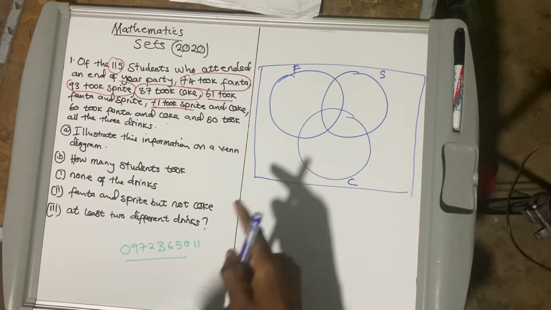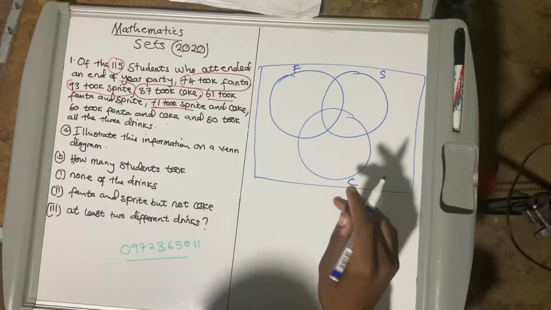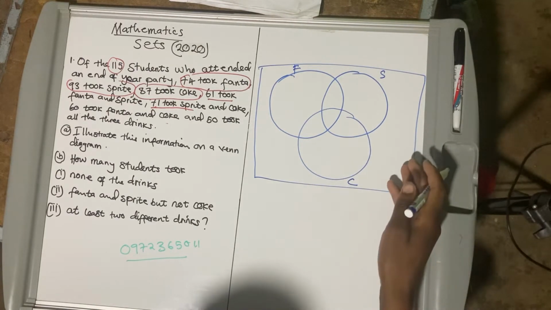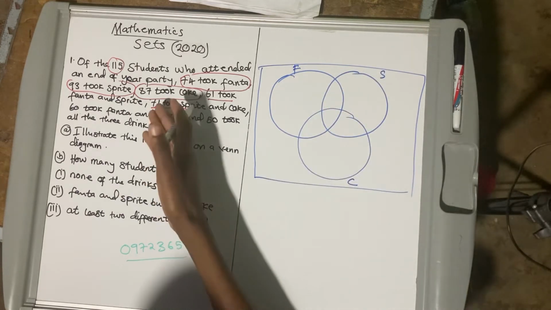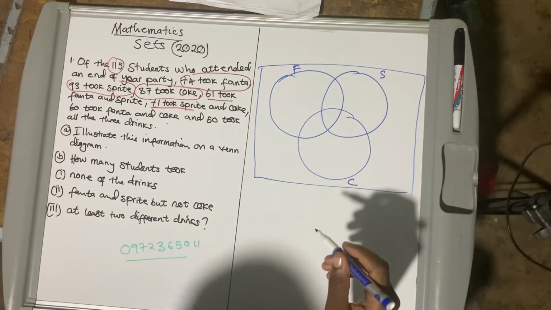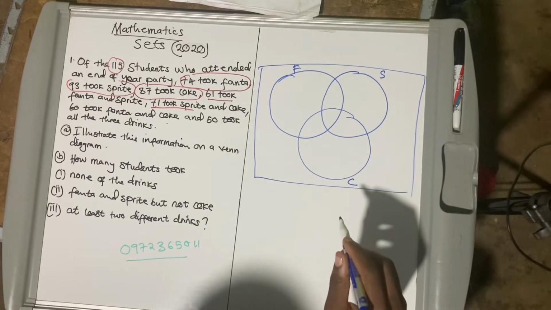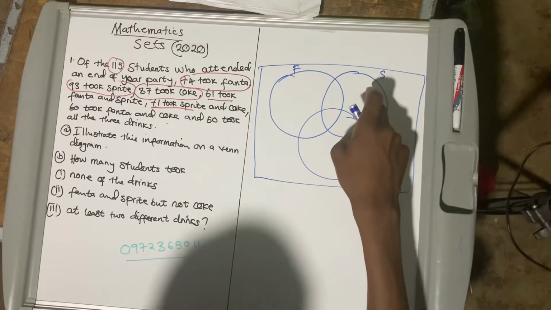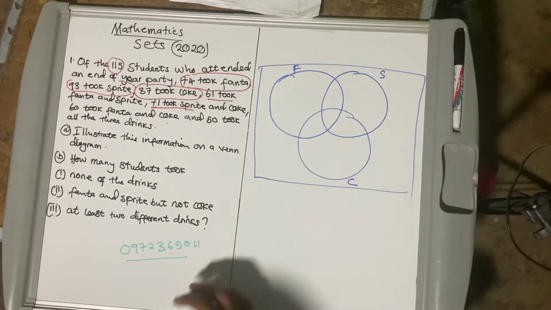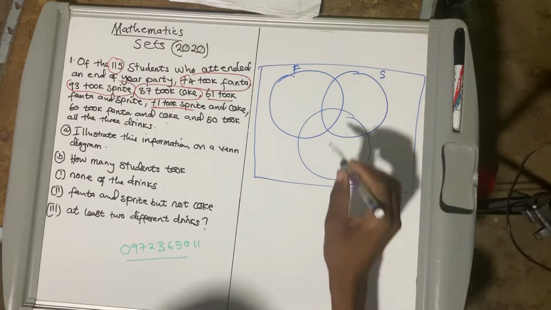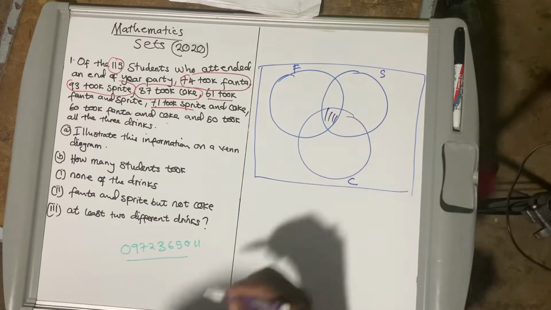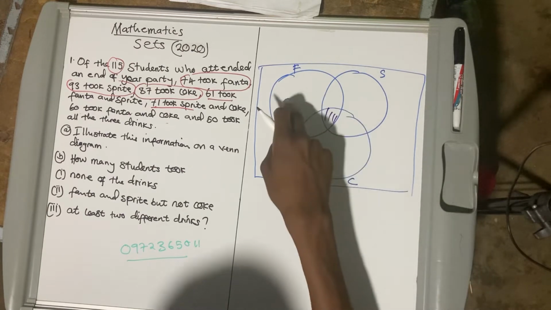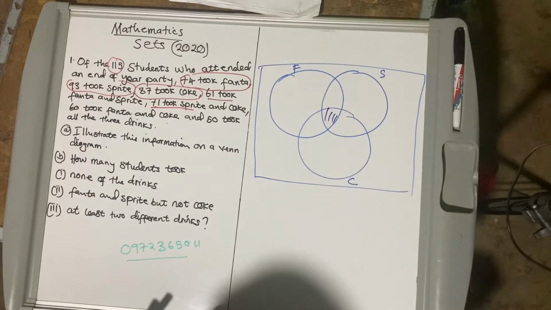Now, when putting this information on the Venn diagram, we always start with the intersection, then the numbers which did not take any of these, the numbers not mentioned here. Since we have three sets, you need to start with the intersection for all the three sets, which is this part here, because this part is found in Coke, in Fanta, as well as Sprite.